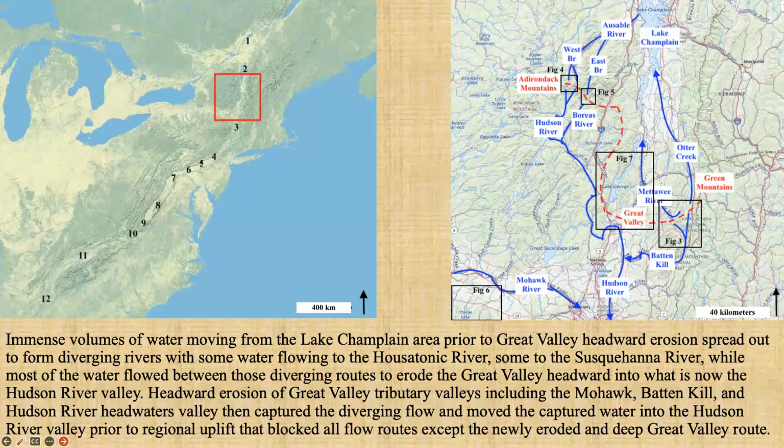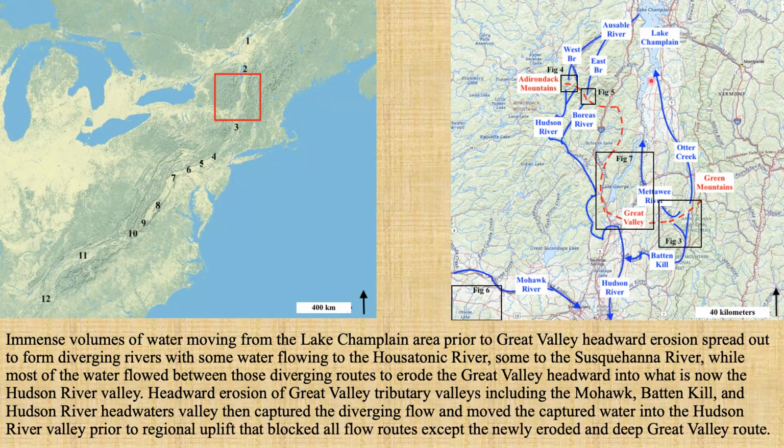Now, to summarize again, here we've got the area that we're looking at, and we've got these valleys that diverge from Lake Champlain. They cross the drainage divide, and then they converge again in the Hudson River Valley.